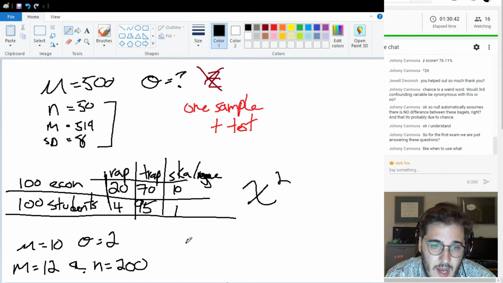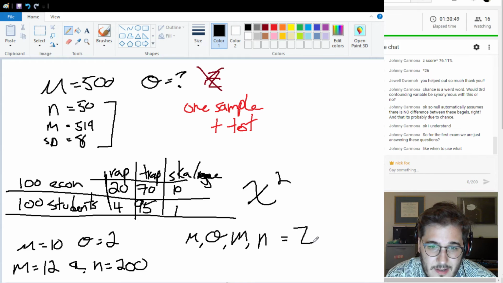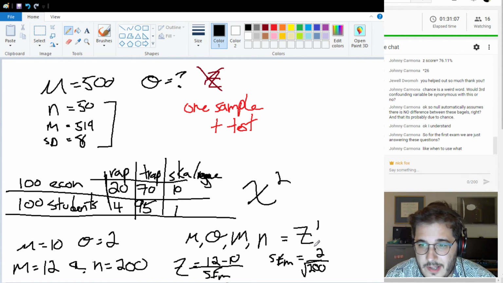So you go, oh, I have mu, I have sigma, I have M, and I have n. So I can use z. Yay. Right? So z would just be 12 minus 10 divided by SEM. The SEM equals 2 divided by the square root of 200. So there you go. That's the z-test right there.